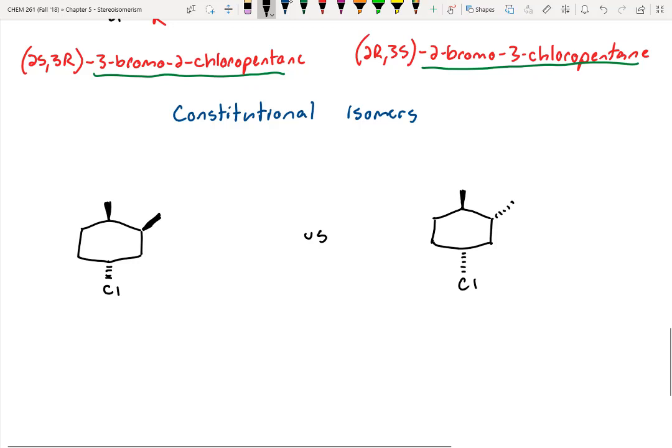We could go through and name this as well, but I'd say these definitely have the exact same connectivity, right? All right, without even assigning R or S though, do you think these are enantiomers or diastereomers?